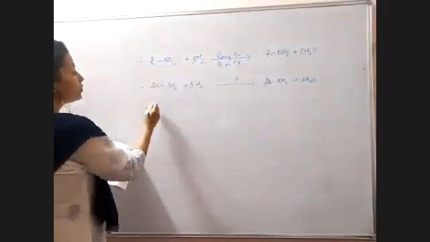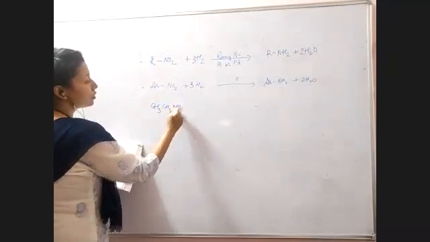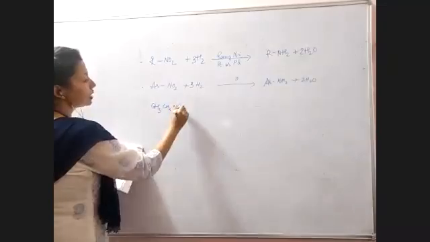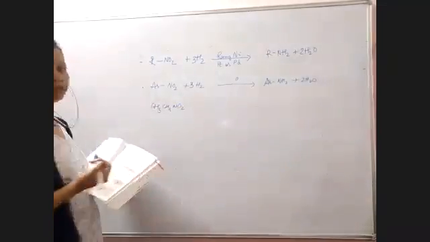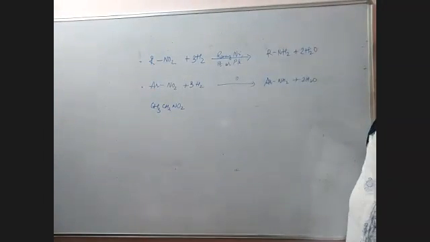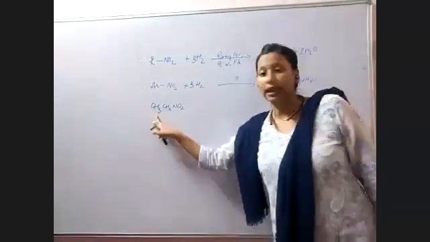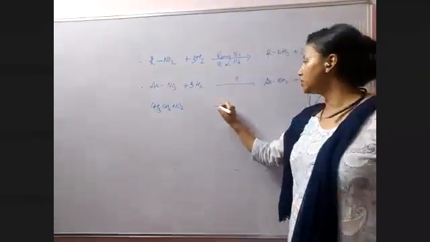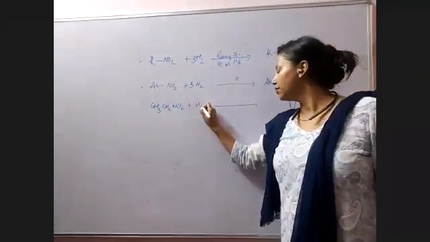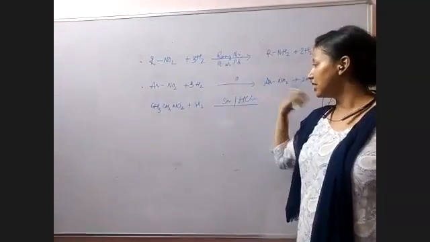I can also do the reduction. Suppose I'm taking CH3CH2NO2. Nitroethane, very good. I can do the reduction with H2. I can use tin in HCl.